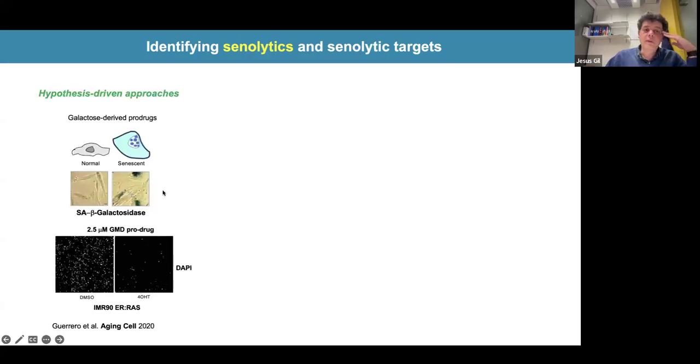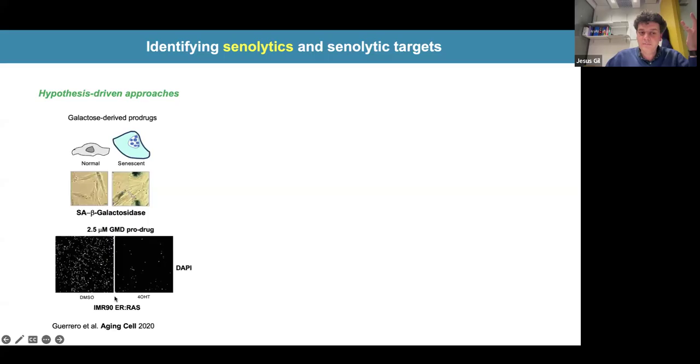One of the things that I mentioned before is that senescent cells have this high lysosomal activity that results in high beta-galactosidase activity. This is used as a marker of senescence. What we thought is that if we have drugs that are prodrugs and only become active once the galactose is cleaved off, these galactose prodrugs will be more efficiently cleaved and processed in senescent cells, and potentially will selectively kill senescent cells.